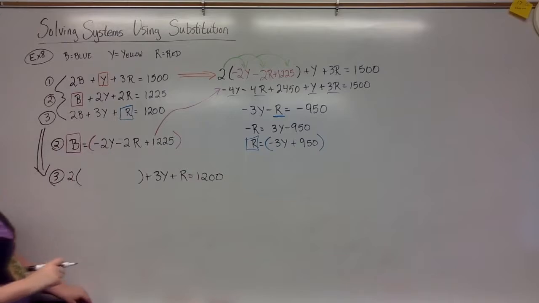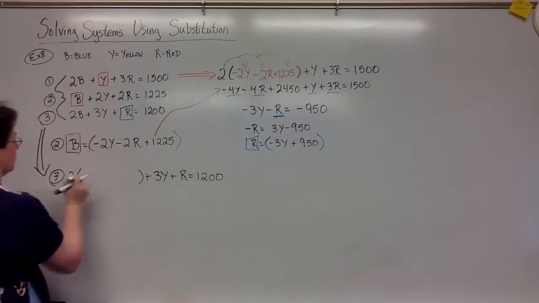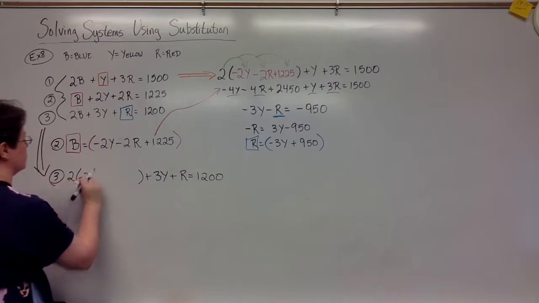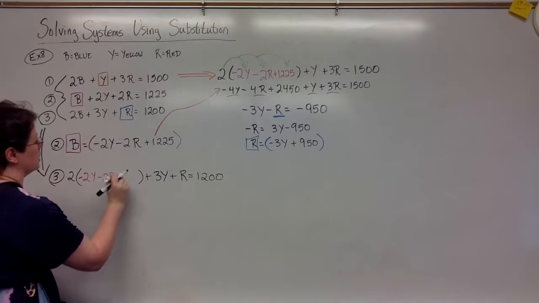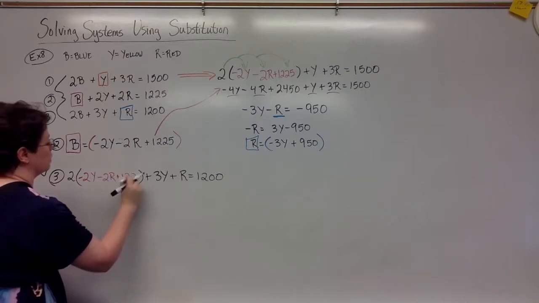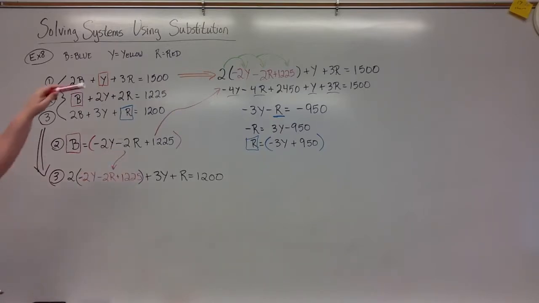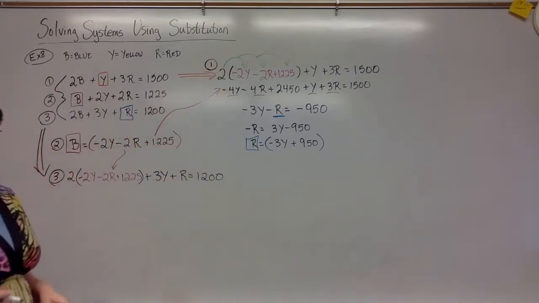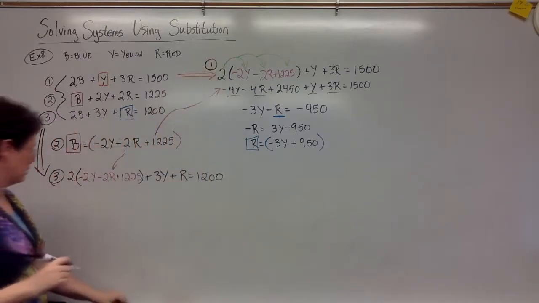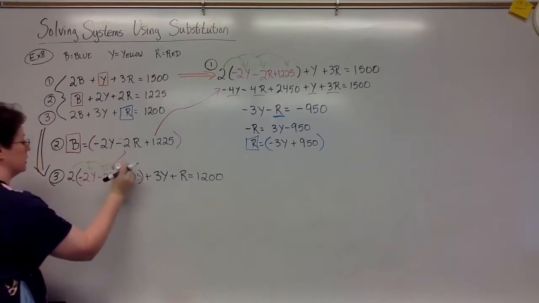So I get the feeling this is going to simplify. What was b again? Minus 2y minus 2r plus 1225. Okay? So we're plugging b into both equation 1 and equation 3. This is why I told you I'd use a different method if I did it. But I want you to see how crazy it can get.